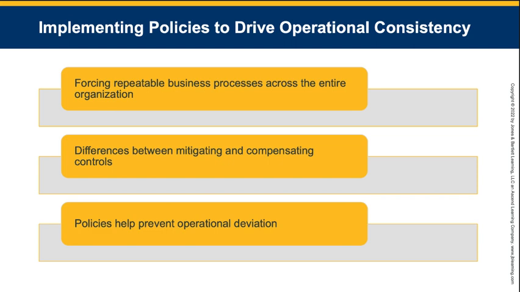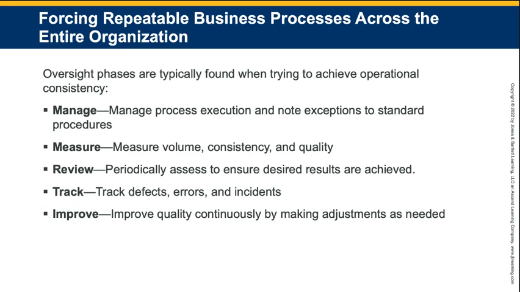So let's take a look at possible repeatable processes. First one, we have things like management. The company should be able to manage what the standard procedure is, measure the volume, consistency, and quality of the security, and audit it, review periodically.